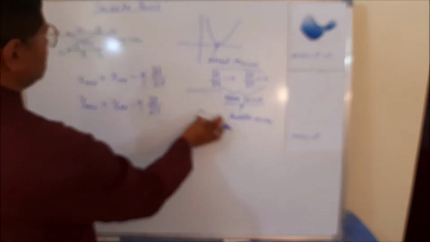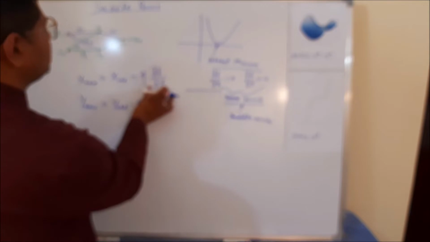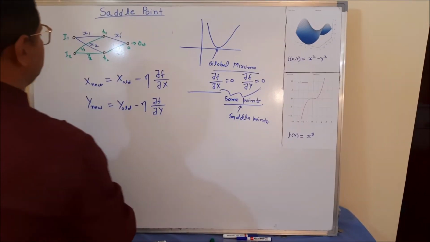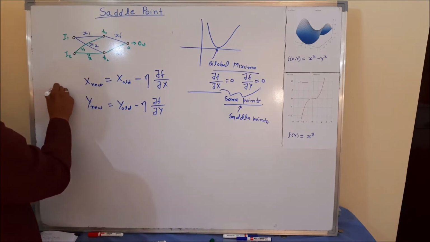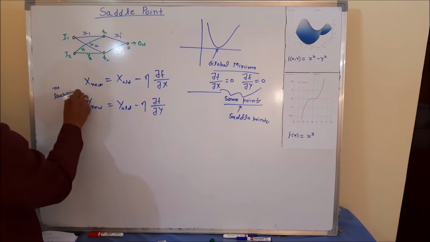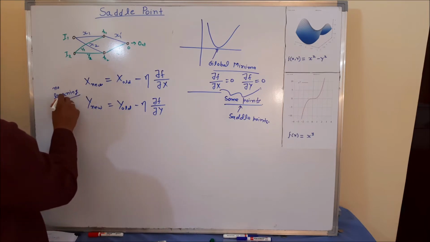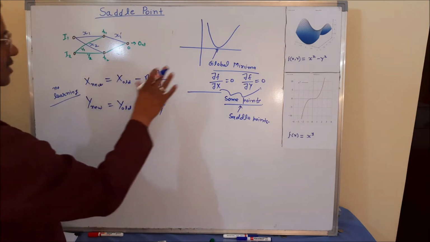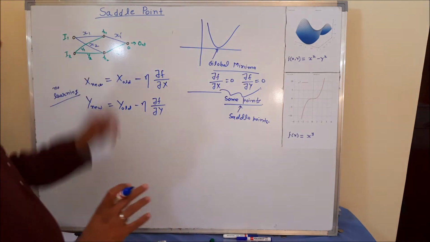The scenario is that we are not at the global minima, but we have partial derivatives equal to 0. This means learning stops, no learning, no weight updation. This is the way saddle points affect the learning.